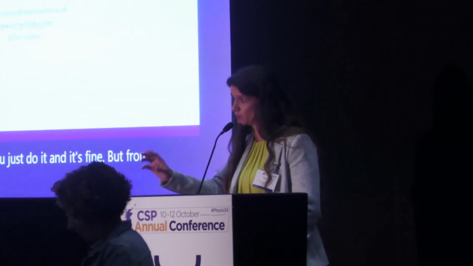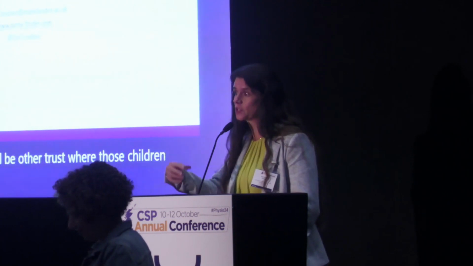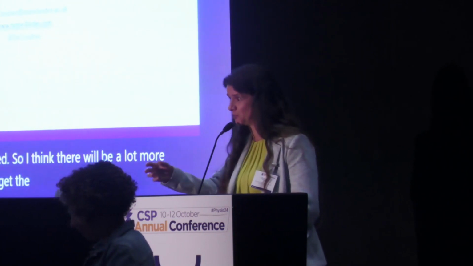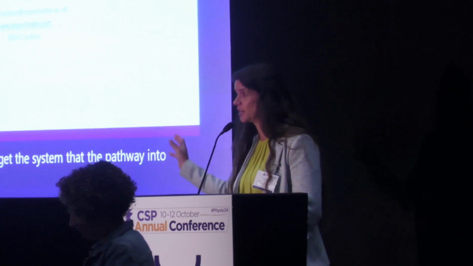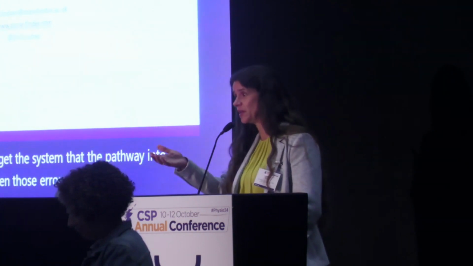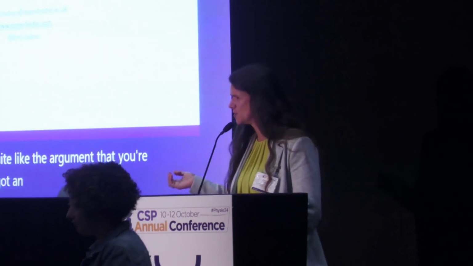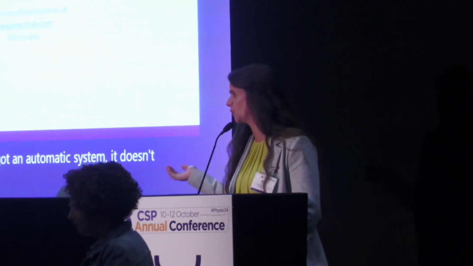But from what I know, there will be other trusts where those children are not currently measured. So I think there will be a lot more work around how we get the system, the pathway, into place so that those children in those areas benefit as well. But I quite like the argument that you're making. If you've got an automatic system, it doesn't put that much additional pressure on the system. So why not? It'd be great to include additional diseases in that as well.